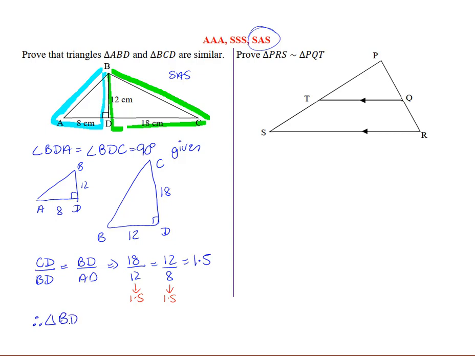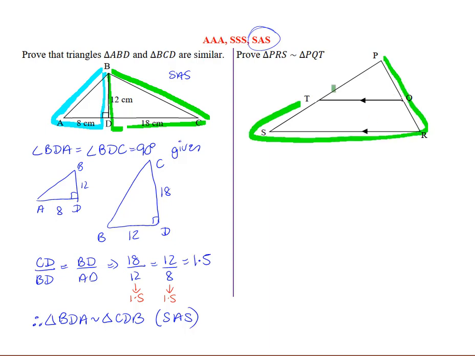Triangle BDA has to be similar to triangle CDB. And the reason is I've got two sides and the included angle, so it's SAS.